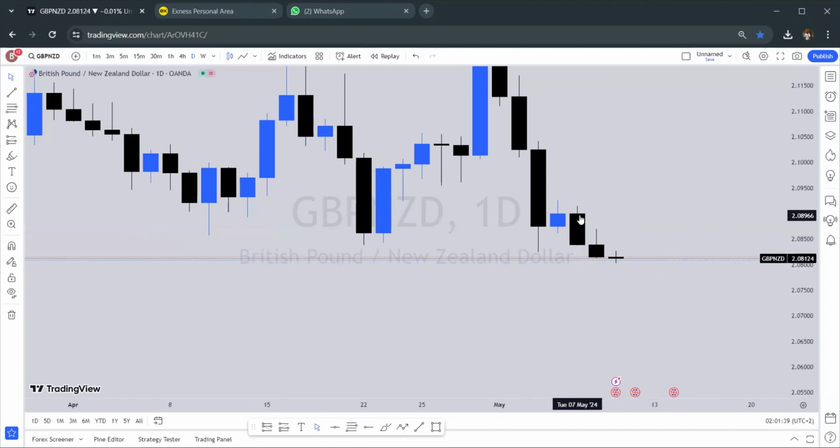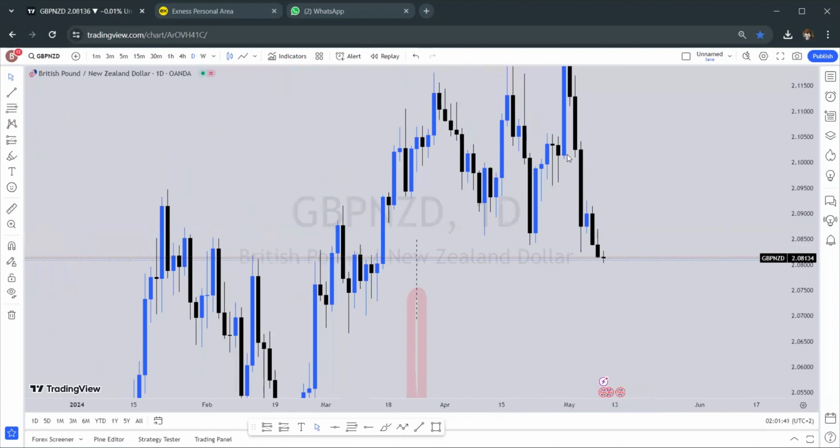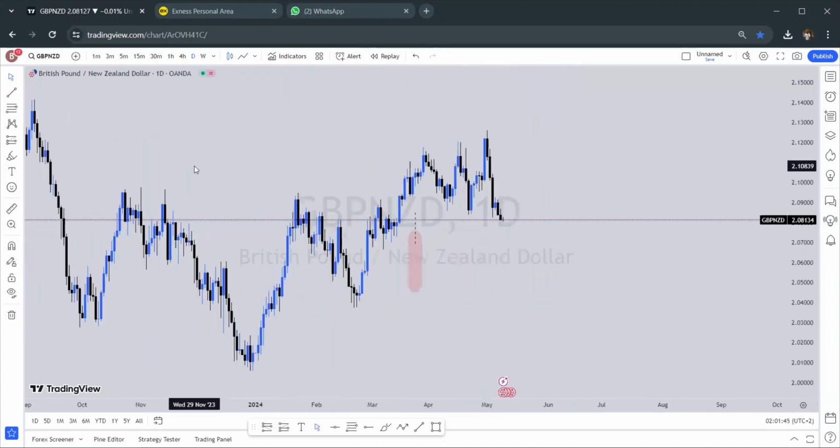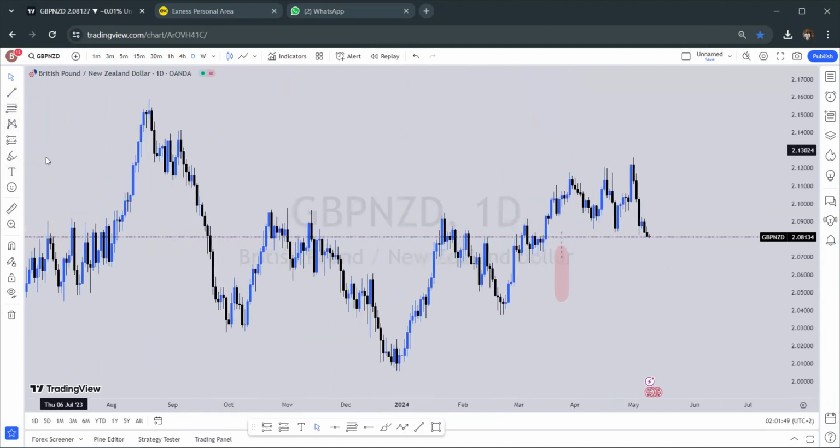Do you understand? And in time frames, you need to know that we have higher time frames and lower time frames.